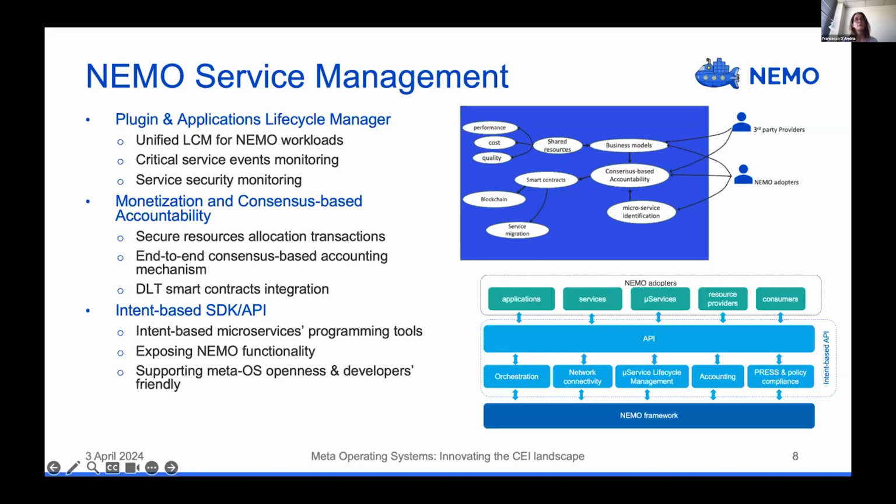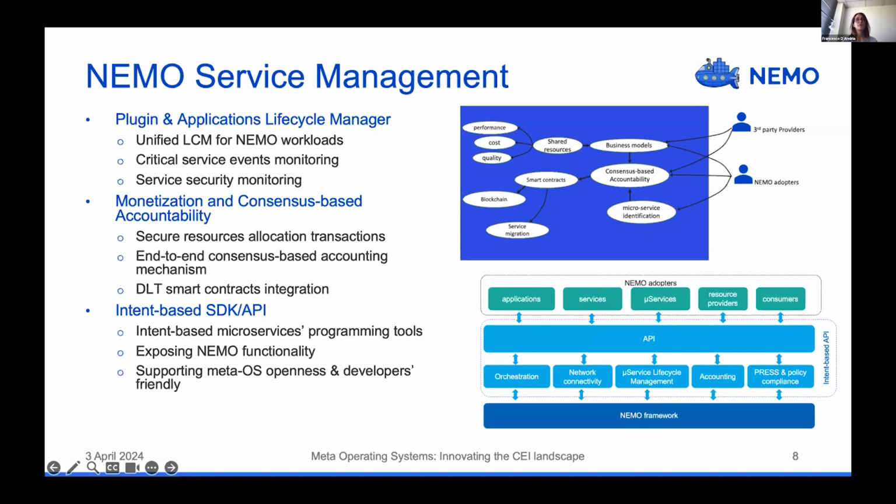So we have a common approach for the development and lifecycle management of both the infrastructural components of NEMO, any additional extensions that are typically considered as plugins, and also third-party applications, the ones that are brought by external third parties to run on the developed MetaOS.